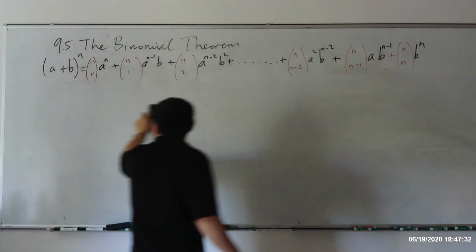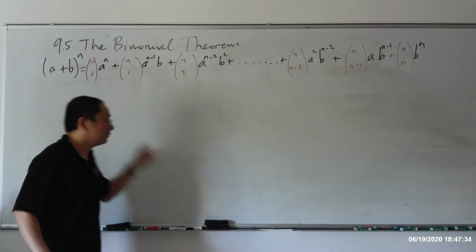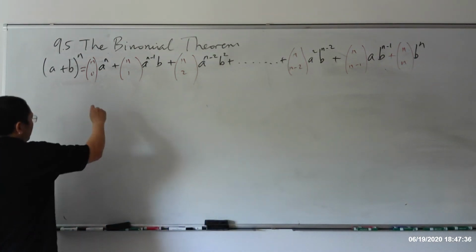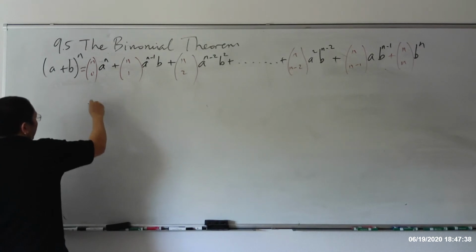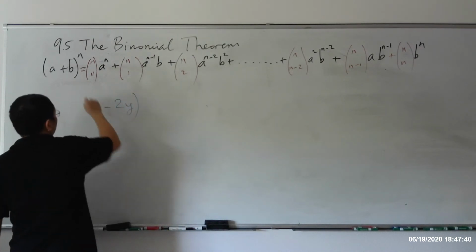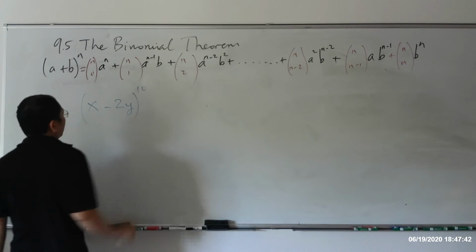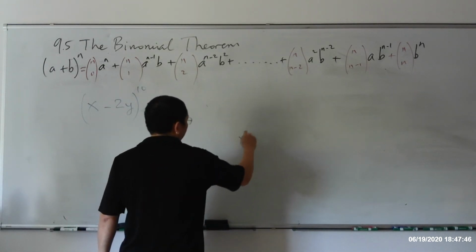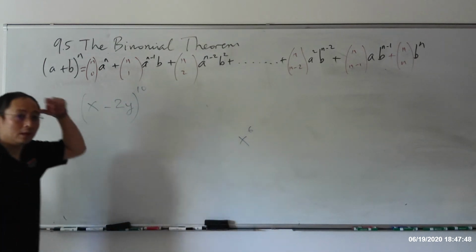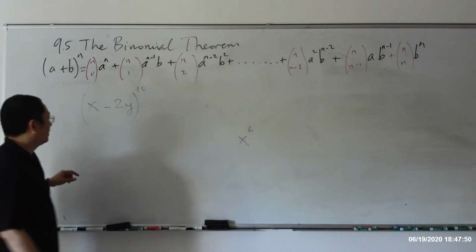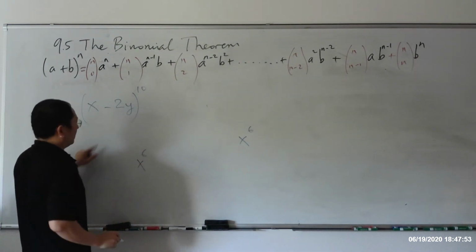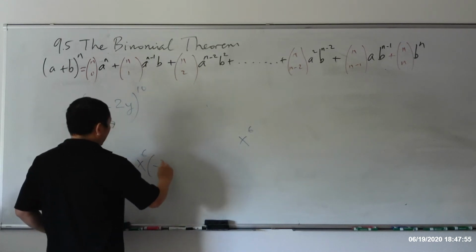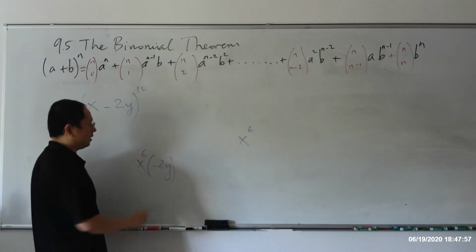All right, how about this? (x minus 2y) raised to the 10th. Now I'm asking you to find the term that has x to the 6th. Which term is going to give you x to the 6th? You're going to have x to the 6th, and the second term is going to be negative 2y raised to the power 4.